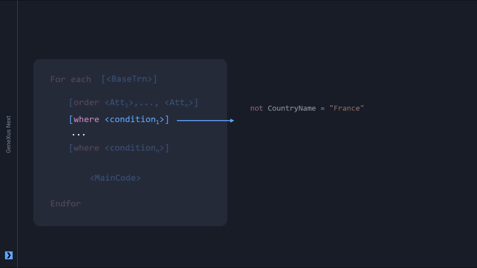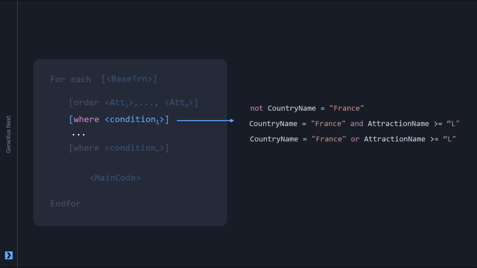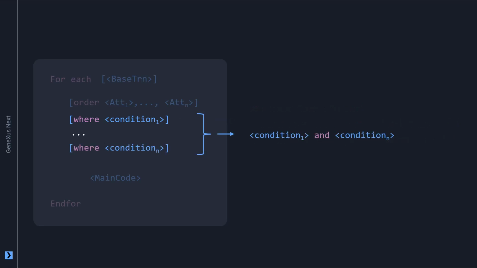We saw cases with not and and, but it could also be with or, where the result of the compound condition is true if either of the two conditions, the one on the left or the one on the right of the OR, are true. In the latter case, attractions in France will be listed, as well as those outside France, whose name is greater than or equal to L. We can also place several where clauses, which is the same as writing a single one, with the conditions joined by AND.